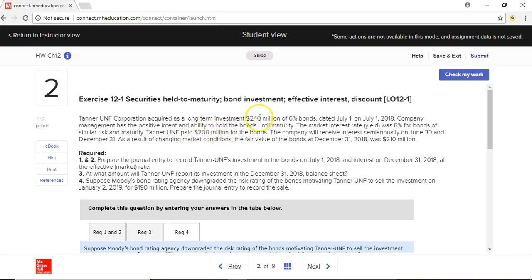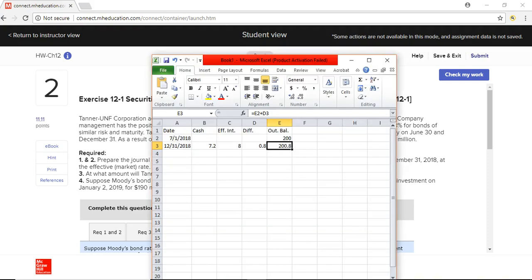So here $40 million of total discounts at issuance. And after 6 months, we have amortized $0.8 million of discounts. So $40 million of total discounts minus $0.8 million of discount being amortized.